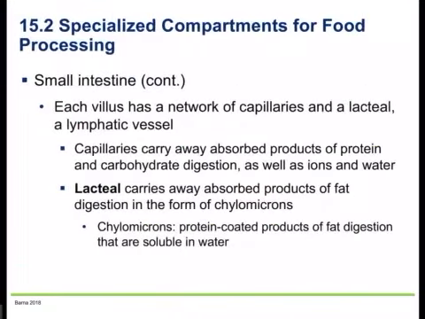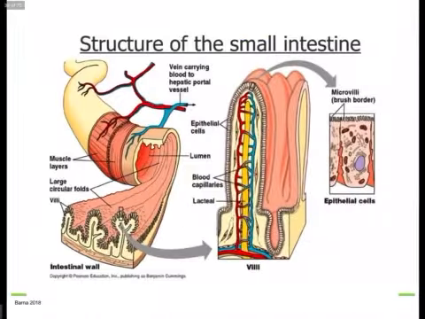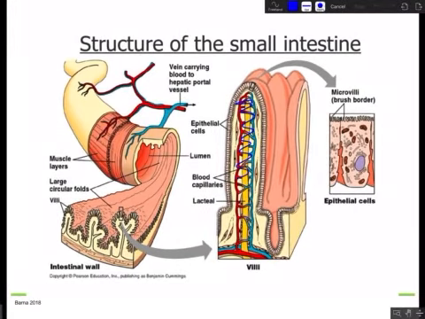All right, so in the villus, you guys can see we have a network of capillaries, because our food products will be absorbed into those capillaries right there, and they will carry away all of those products of protein and carbohydrate digestion. The lacteal is actually a specialized lymphatic vessel. Fats are too big, so they're carried away in lacteals, but they will eventually make their way into your venous system.